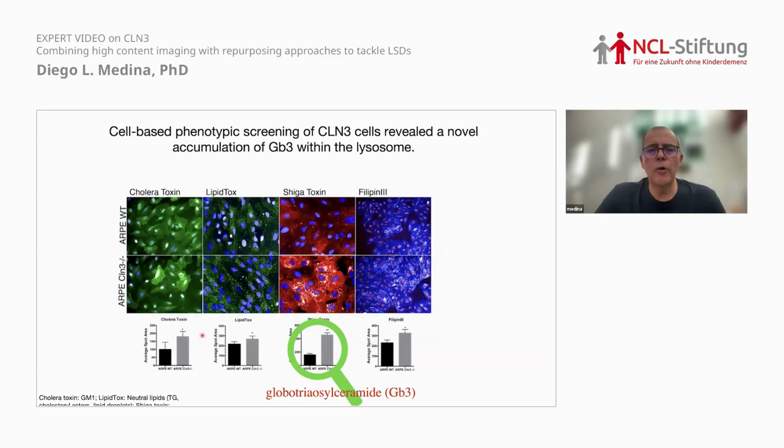Accumulate them mostly in a spotted localization that suggests a lysosomal localization, but intriguingly, the most significant or the best signal window of such accumulations was related with the accumulation of Shiga toxin and therefore of globoside, or globotriaosylceramide, also called GB3. So we decided to study in more detail GB3 accumulation that was not reported before in the scientific literature.